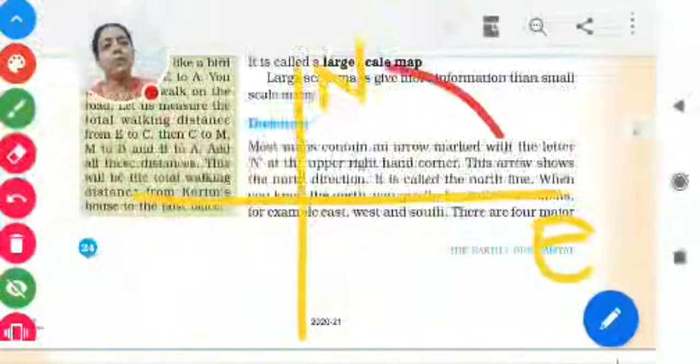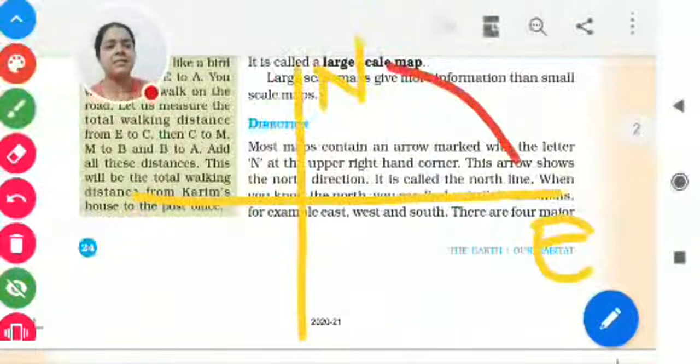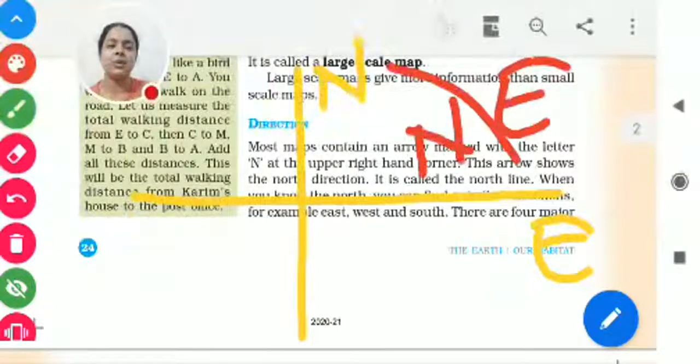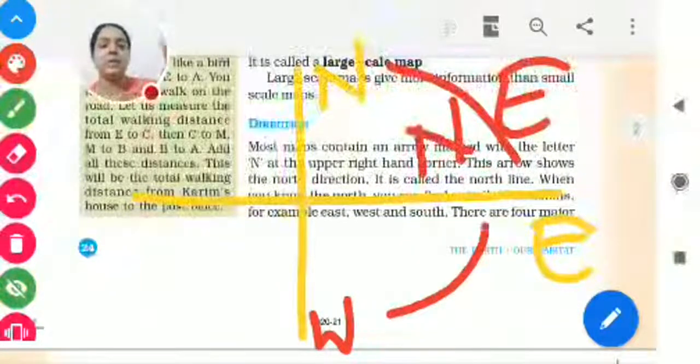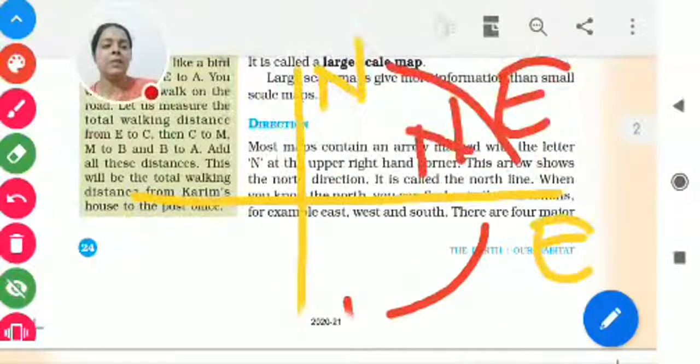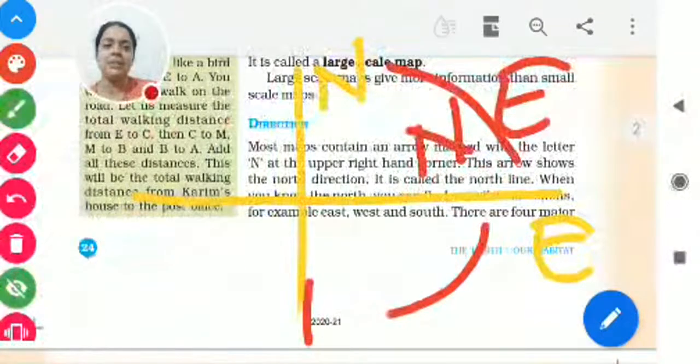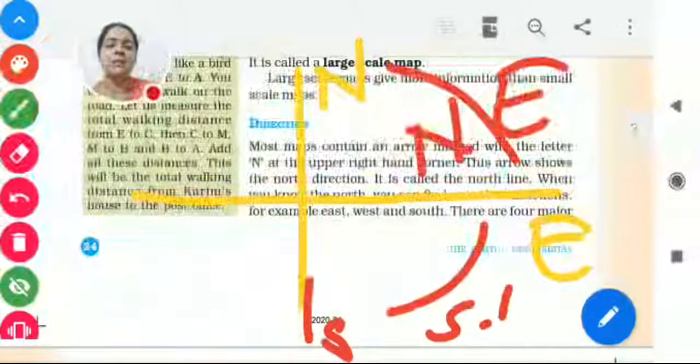So what do you find about east? The portion which comes between north and east is known as northeast. The portion which comes between south and east, by mistake I said it wrong, becomes southeast.